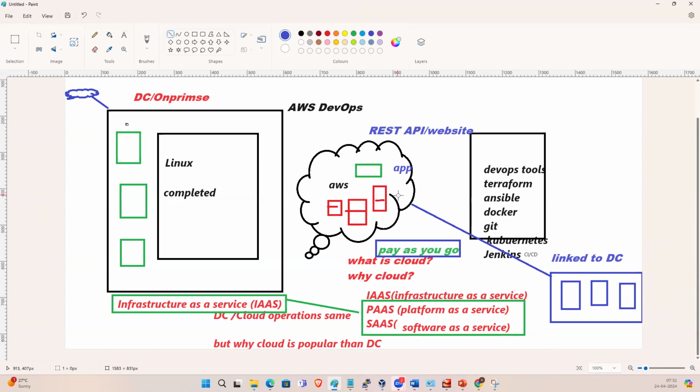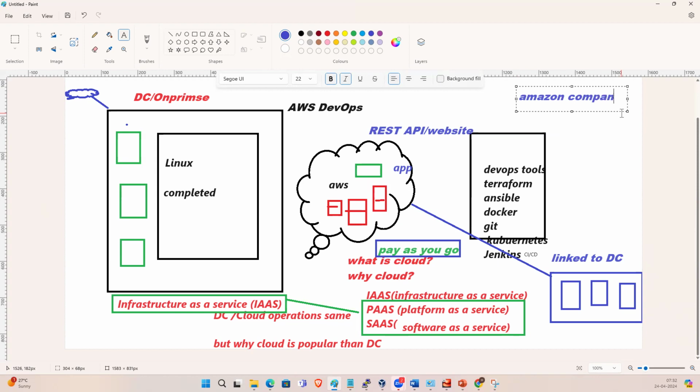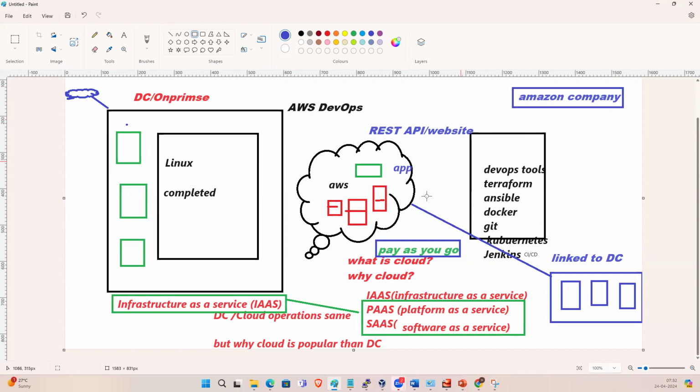The innovative thought comes from Amazon. Amazon had the thought to create a website for the infrastructure.